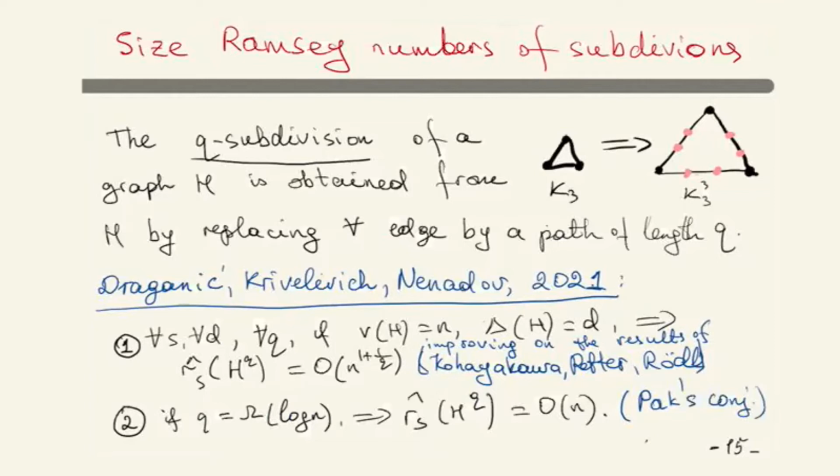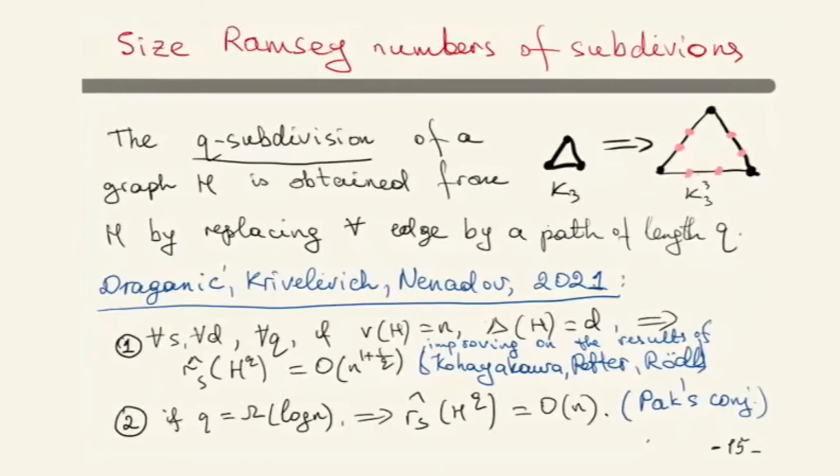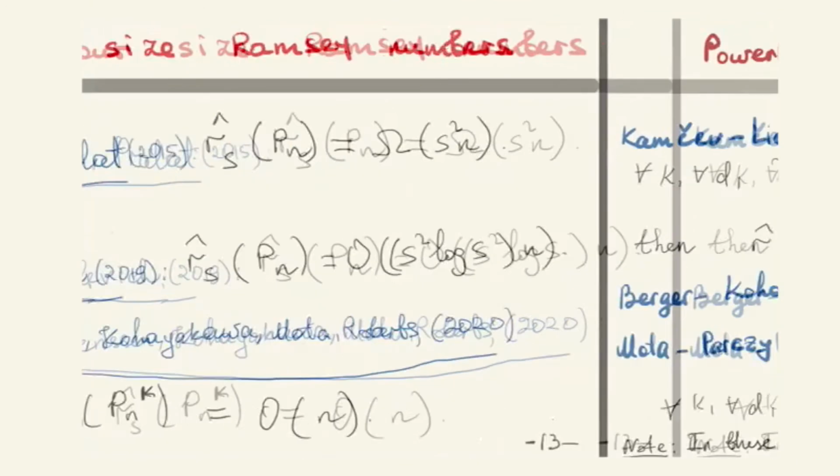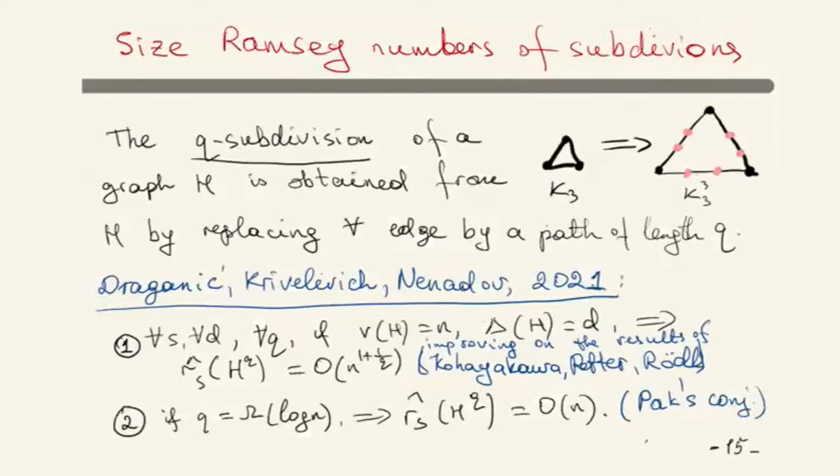I also had a question about the complete graph in this context. Since we don't know much about the exact values, is there a way of saying that the size Ramsey number of a complete graph is exactly its Ramsey number choose 2? Yeah, it's actually a result by, I think, Chvátal.